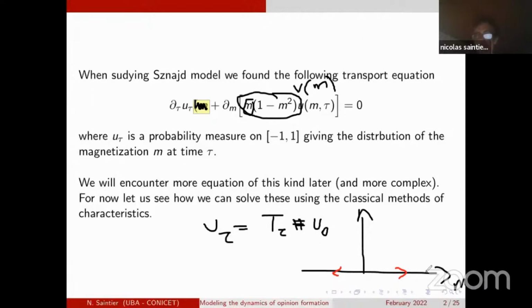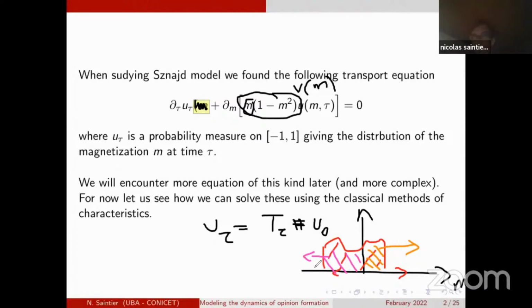So since the initial mass, let's say, is this thing here, this is my initial mass, and it is moving along following the trajectories of V, all the parts of the initial mass on the positive side will travel towards the right, and all the mass on the left side will travel to the left, right?